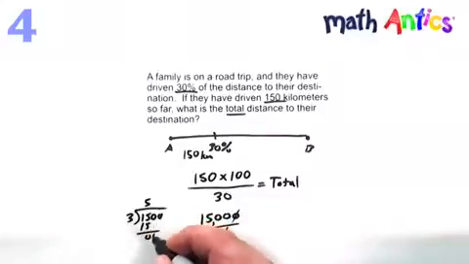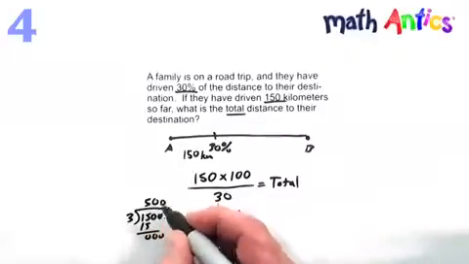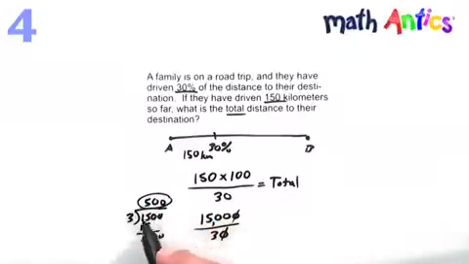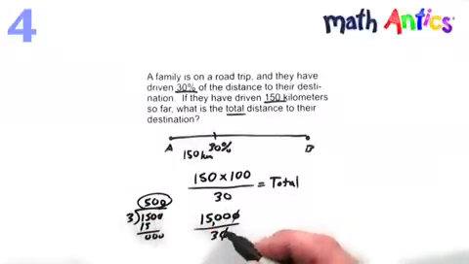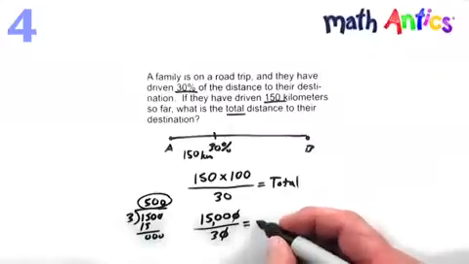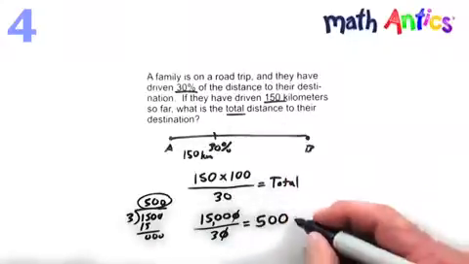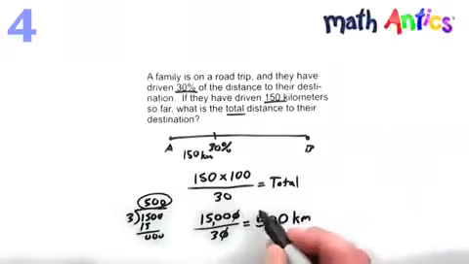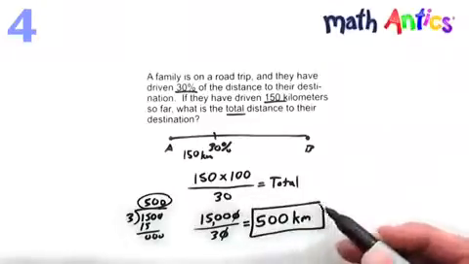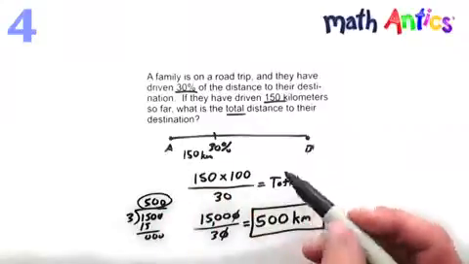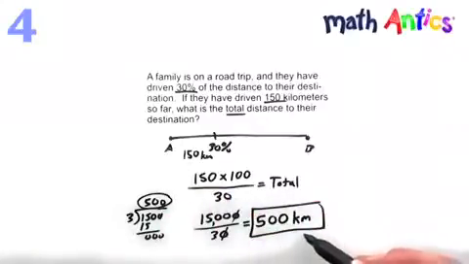There's no remainder to that. Bring down the next 2 zeros, so we're just going to have zeros. So we see that 500 is the quotient from this division right here. So that's going to equal 500. And we're talking about kilometers here. It's a distance. That's going to be the total distance for the whole trip from point A to point B, 500 kilometers.